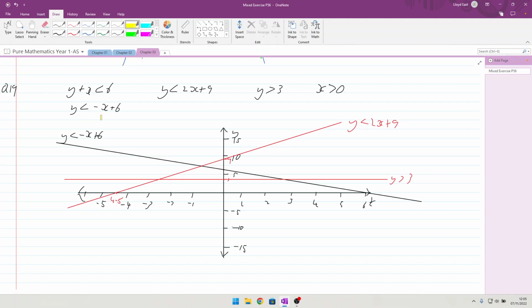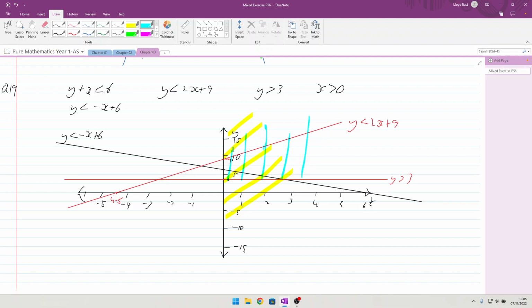And when y is less than the minus x plus 6, that is below this line. Okay. So let's highlight that in. So we've got everything to the right of here. We have everything above this line.